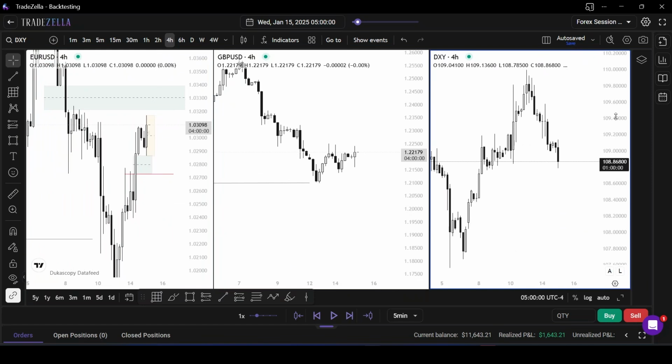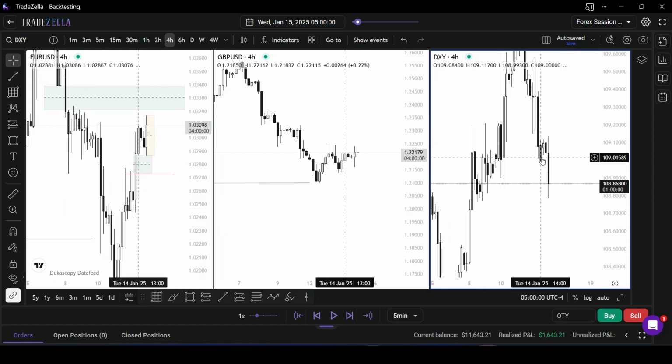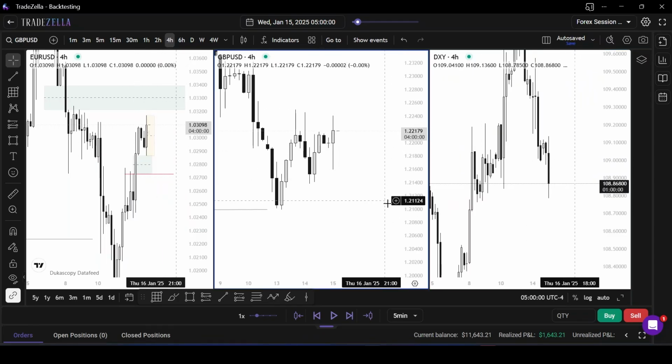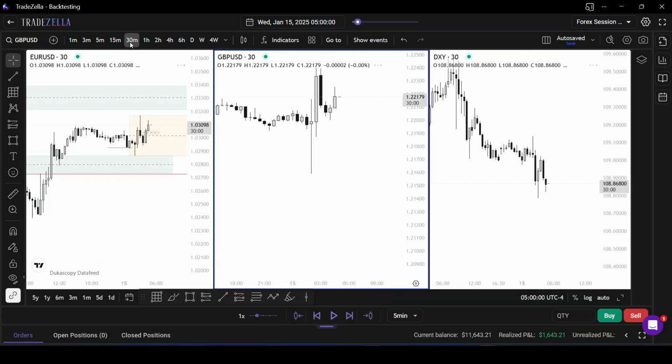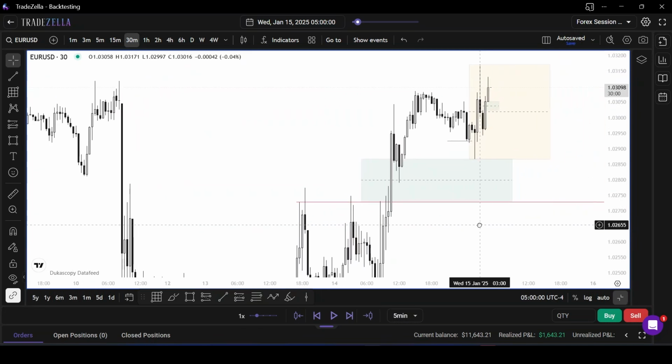Let me see. Do we have any SMT? Is there any SMT? There is no SMT here on the 4-hour time frame with this key level. That means we are going to demand an SMT on the 30-minute time frame. It will be compulsory to get an SMT on the 30-minute time frame before we can take this trade.